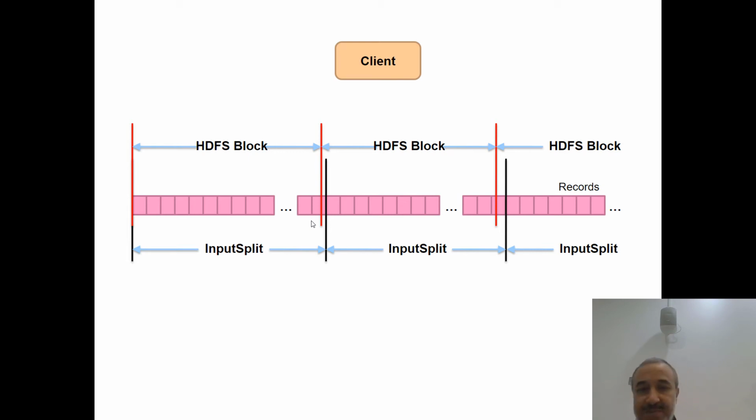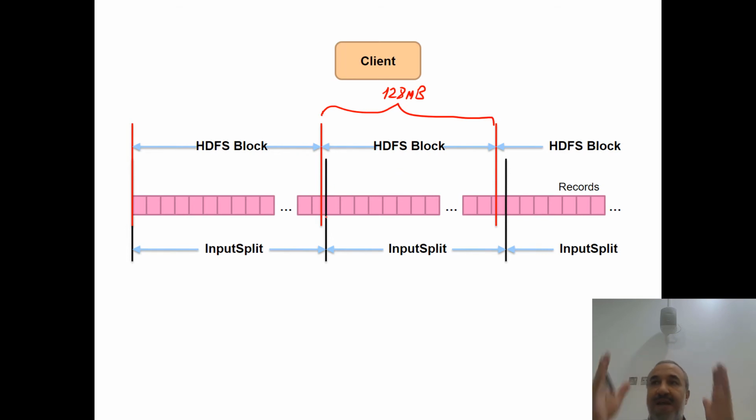So this part is 128 megabytes, that's one block. And the split is usually also 128 megabytes, almost, it doesn't have to be exactly, but it's not aligned exactly with the block, as you see here.